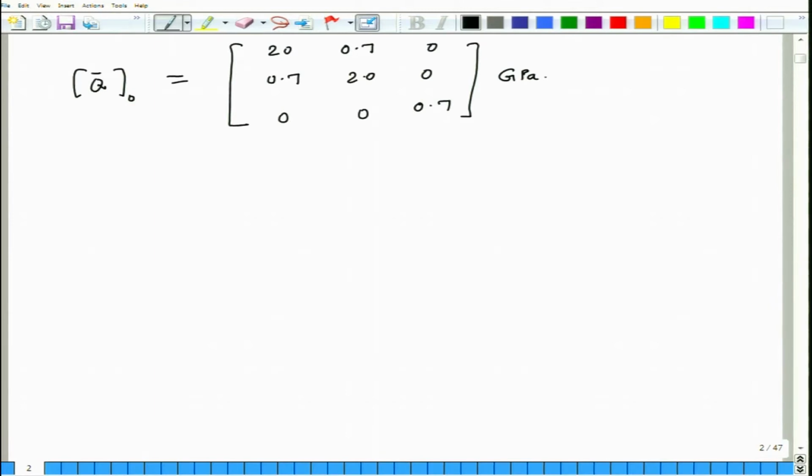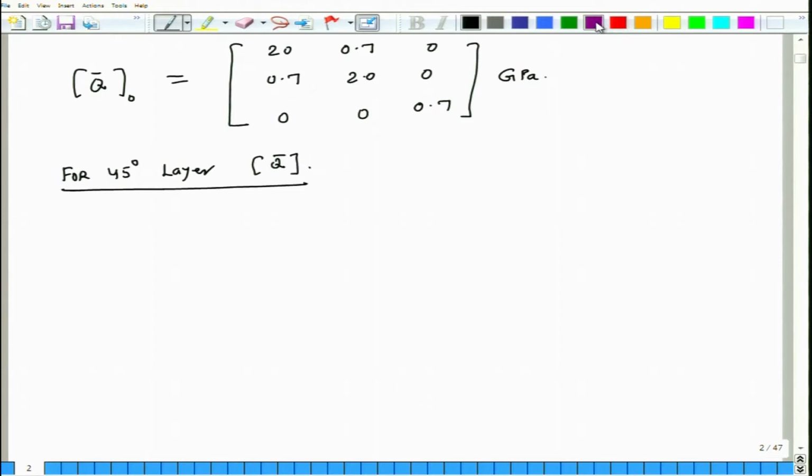For the 45 degree layer, we actually calculate every single element. So, for the 45 degree layer, we are going to calculate the Q bar matrix.